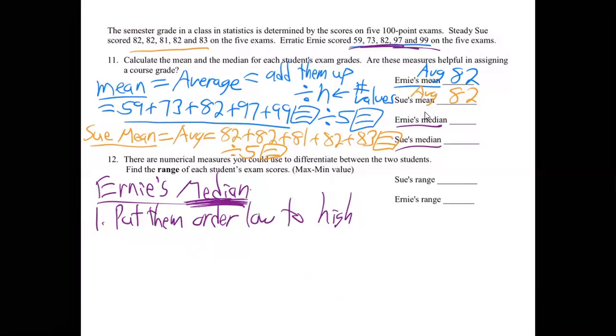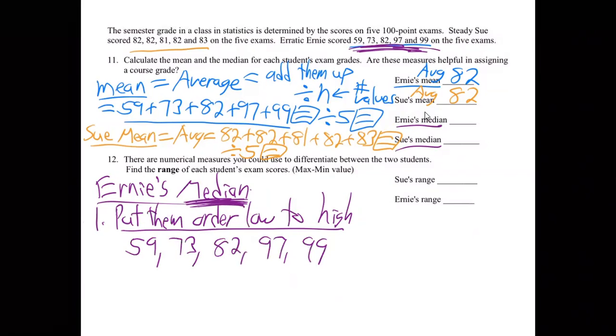You got to remember to put them in order. A lot of times my students in the past, they take a test and they would forget to reorder. So remember that first step. You've got to put them in order low to high. So what's Ernie's lowest score? 59. They're already in order, aren't they? Yeah, and the median is 82. Good job. You already got it.